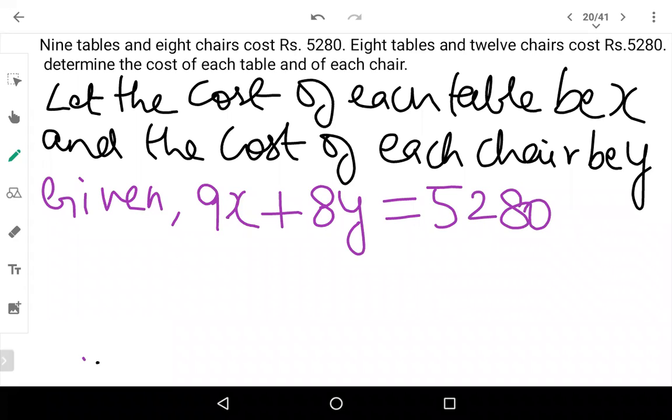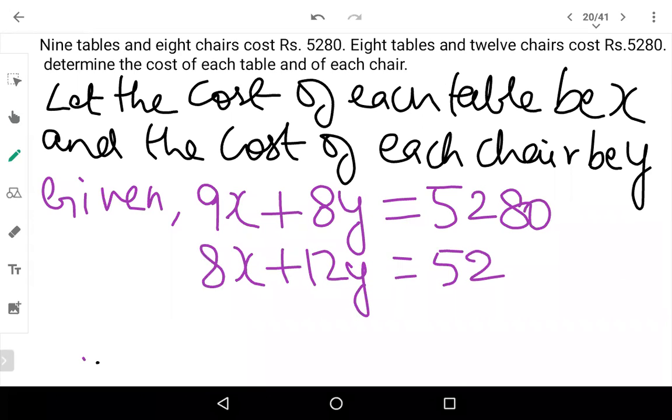Okay, Sindhu already got x and y. 480 and 120. Good. Okay, Rida, yeah, correct Rida. 9x plus 8y. Now let us see the second part. 8 tables and 12 chairs. So what are tables? 8 tables and 12 chairs is again 5280.